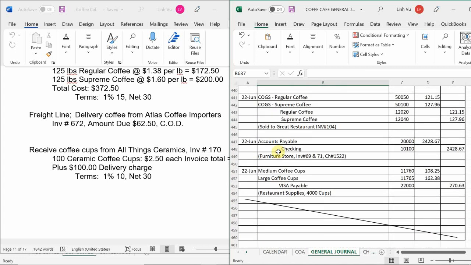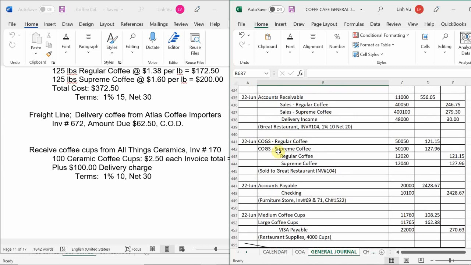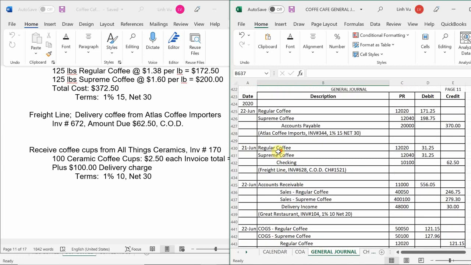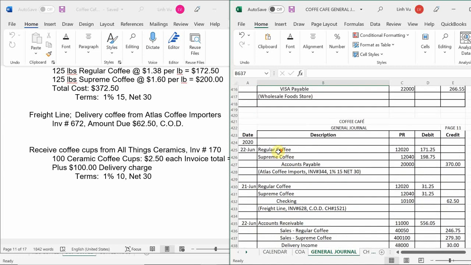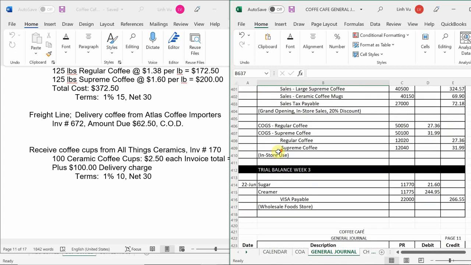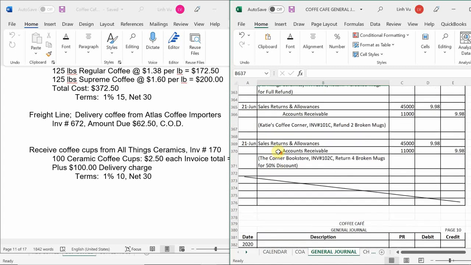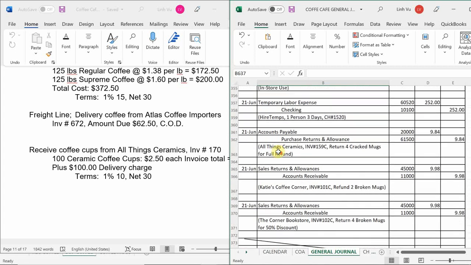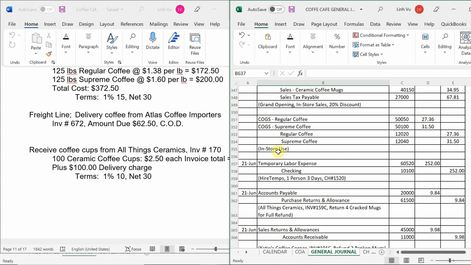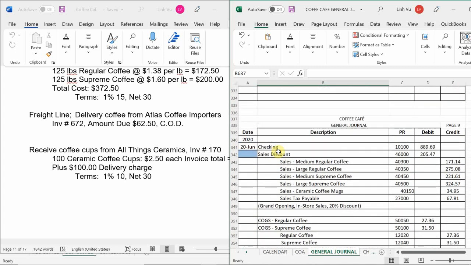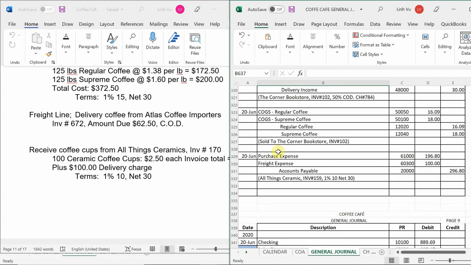Purchase expense, freight expense, and accounts payable. Good. It's been a while since we bought coffee mugs, huh? There you go, purchase expense and freight expense right here.